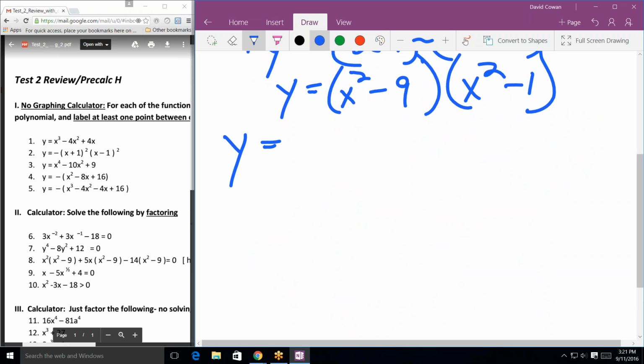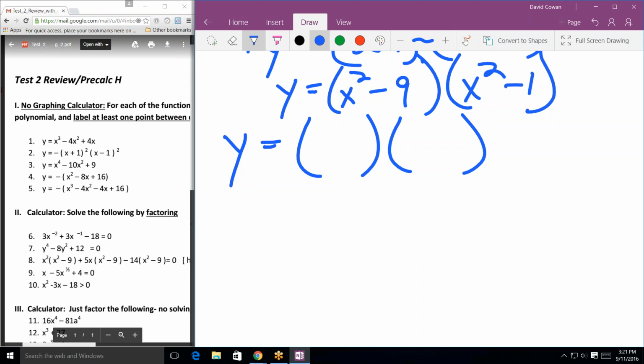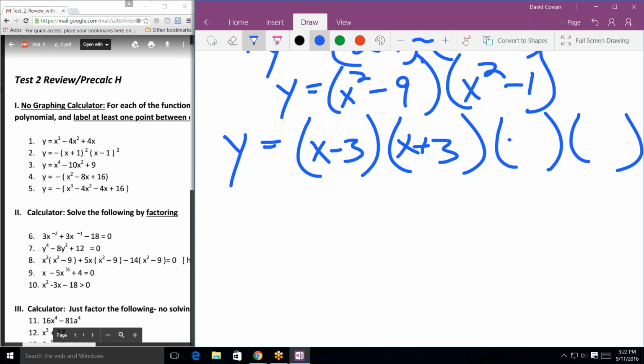What's x squared minus 9 equal to? X plus 3, x minus 3. And what's x squared minus 1 equal to? X minus 1, x plus 1. So there's your 4 solutions. What are they? If I'm trying to find how to graph this, what are my zeros?